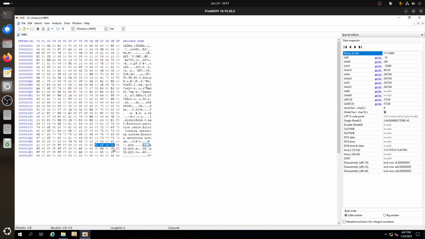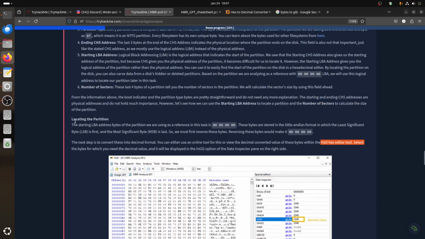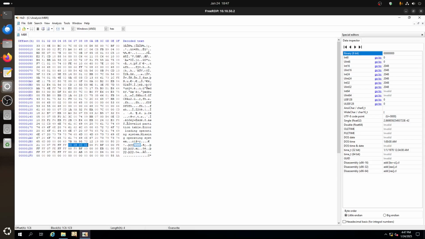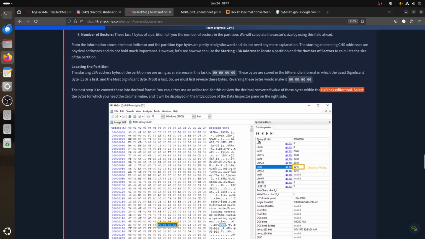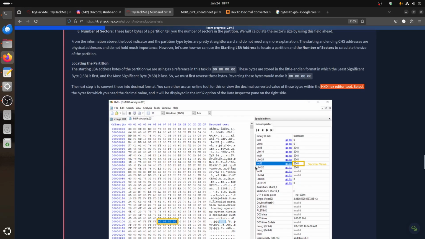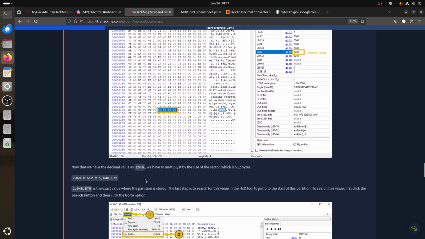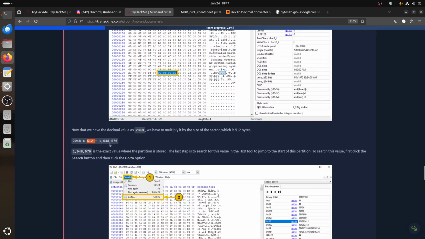If you highlight the LBA address here, it tells you 2048, which is exactly what we have in this example. Then you know the sector size is 512. So now we have the decimal value, and then you multiply. If you multiply that, you get 1048576.